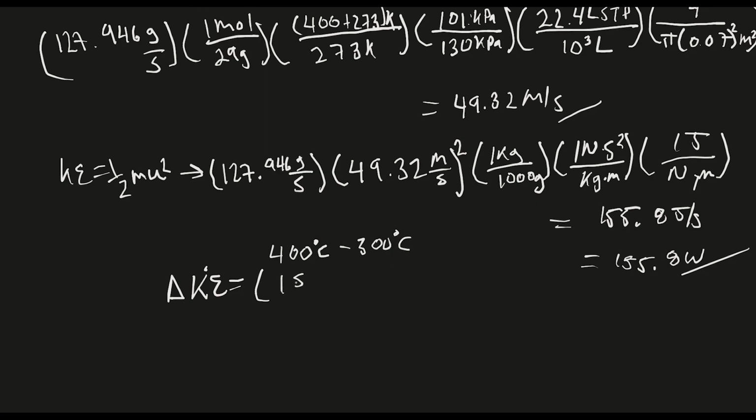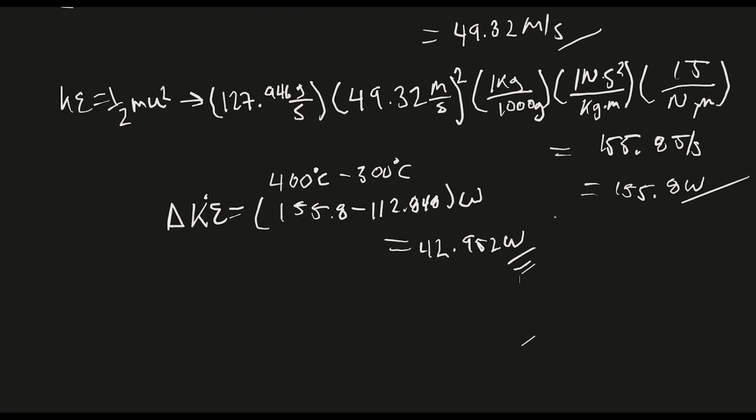So that's going to be 155.8 minus 112.848, and that's going to be watts. We simplify that, and we have 42.952 watts. And that is it. That's how you solve that problem.